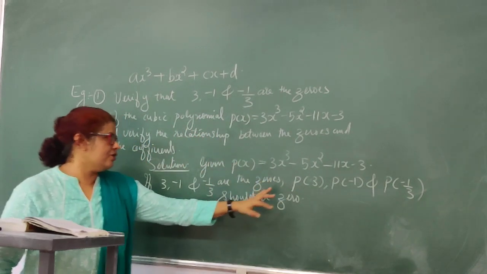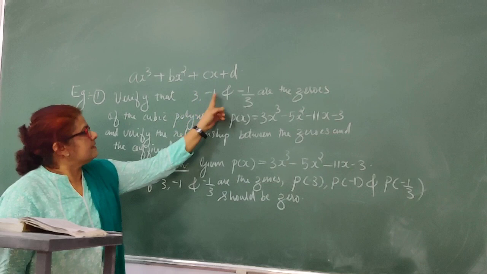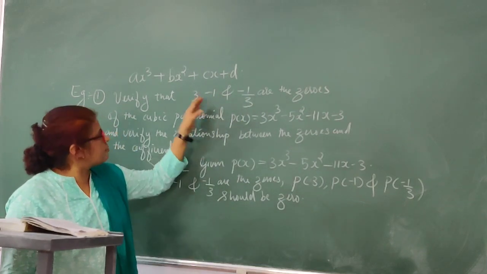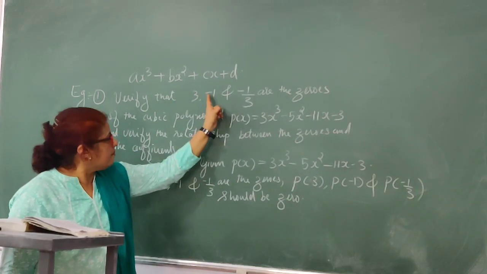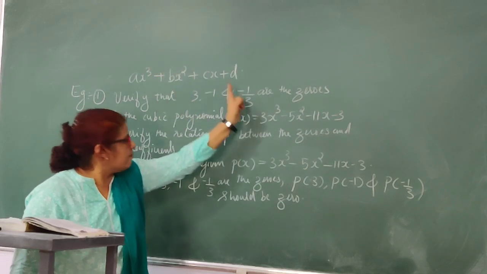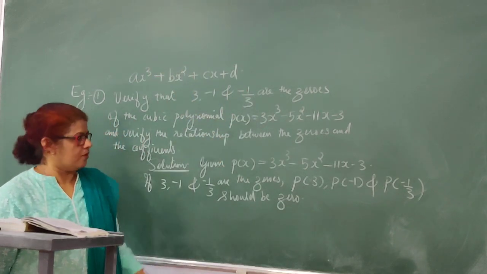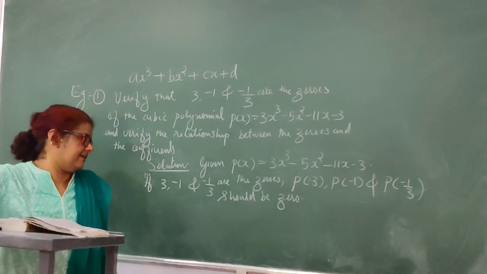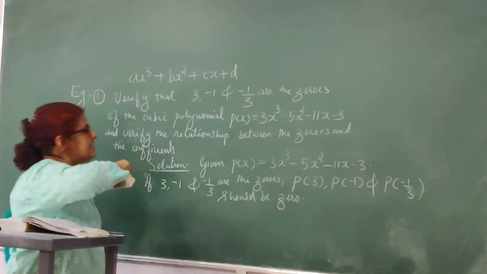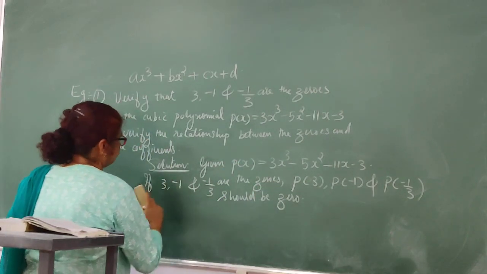We should get the value of these. If these are the zeros, we have to get p of 3 equal to 0, p of minus 1 equal to 0 and p of minus 1 by 3 equal to 0. That we have to verify. Let's check whether we get these values as 0.